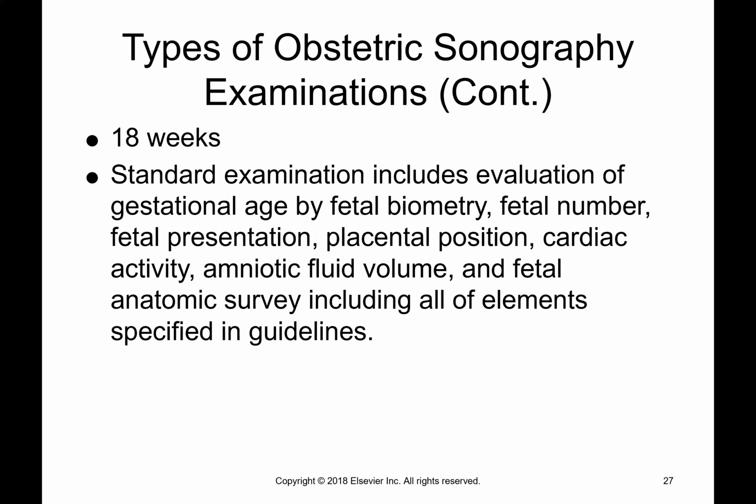Like I said before, the standard exam usually occurs at 18 to 20 weeks. I like to have the babies there at 20 weeks because it's a little bit easier to see everything than at 18. But the standard exam includes the evaluation of gestational age by fetal biometry, which is just the measurements that we do on the baby, the fetal number, how the baby's laying, where the placenta is, cardiac activity, amniotic fluid, and then we'll do a fetal anatomic survey, including all the elements specified in the guidelines.